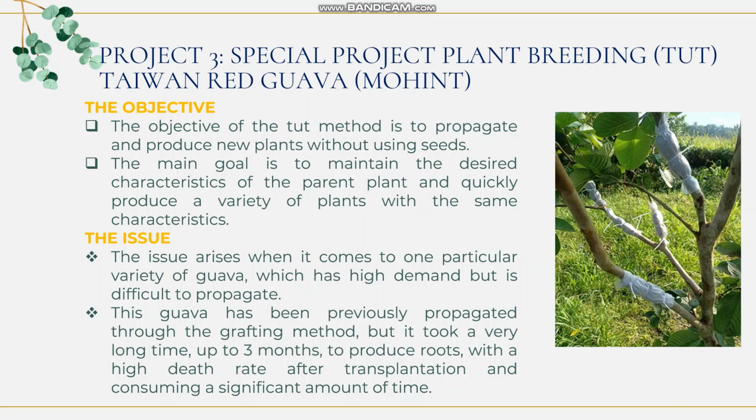The guava has been previously propagated through the grafting method, but it took a very long time, up to 3 months, to produce roots, with a high death rate after transplantation, consuming a significant amount of time.